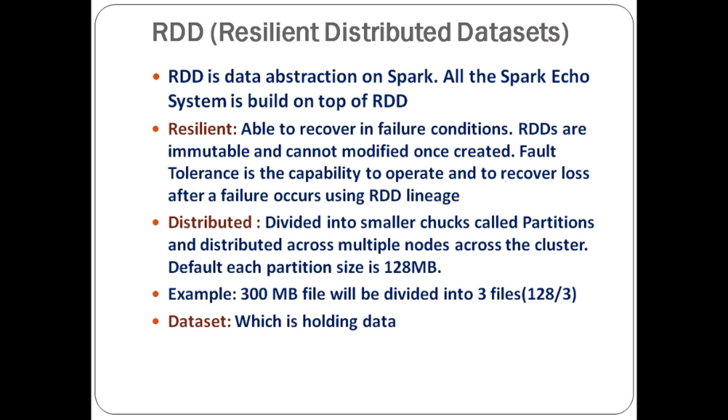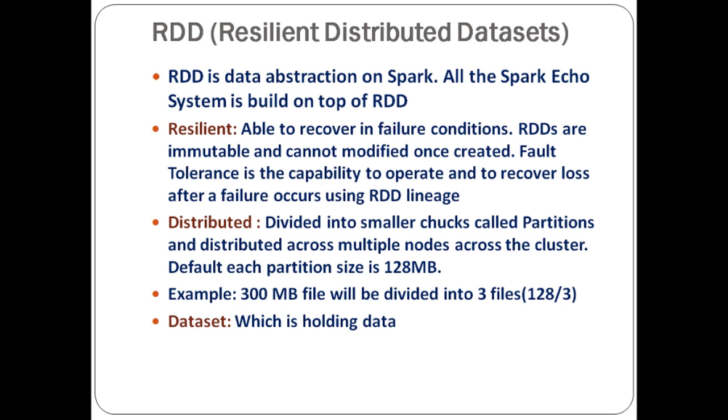So resilient here means if a failure happens, we can recover the RDDs. In resilient, one more important concept is fault tolerance. Fault tolerance is the capability to operate and to recover loss after failure occurs using RDD lineage.